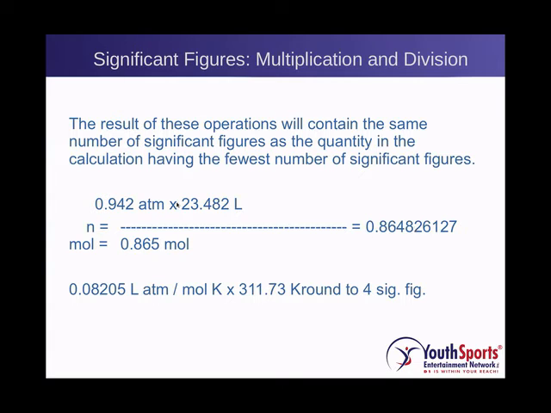The method is, when you're multiplying and dividing, you take the least number of significant figures that you started off with, and that will be the number of significant figures you can keep. For example, 864: these 3 can be significant because the least number of significant figures was 3 here and 5 here. So the least is 3, so you can be sure of 864.